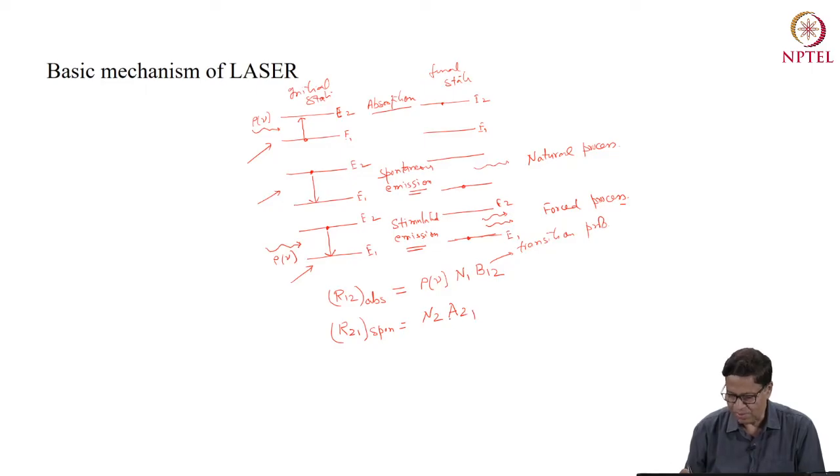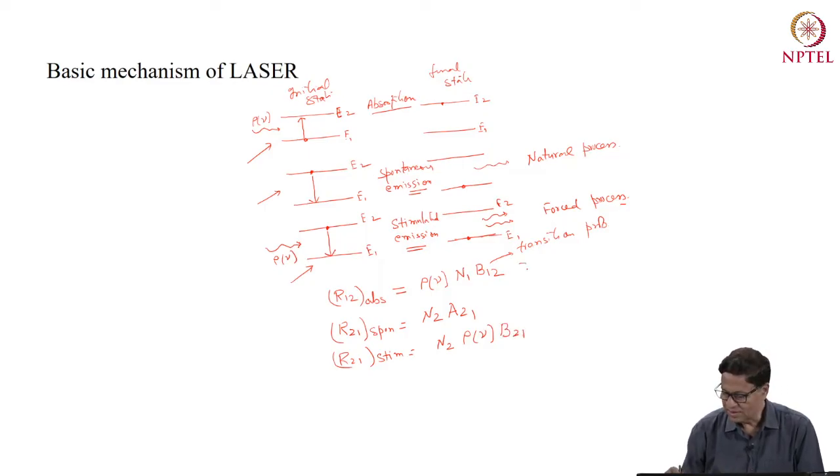So this is the transition probability of going from the high energy state to the lower energy state, which we call spontaneous emission. The third rate is stimulated. So the stimulated will be again R21 stimulated, and it will depend on how many electrons you have in the high energy level, that is N2, and rho nu is your flux density, and the transition probability will be B21.